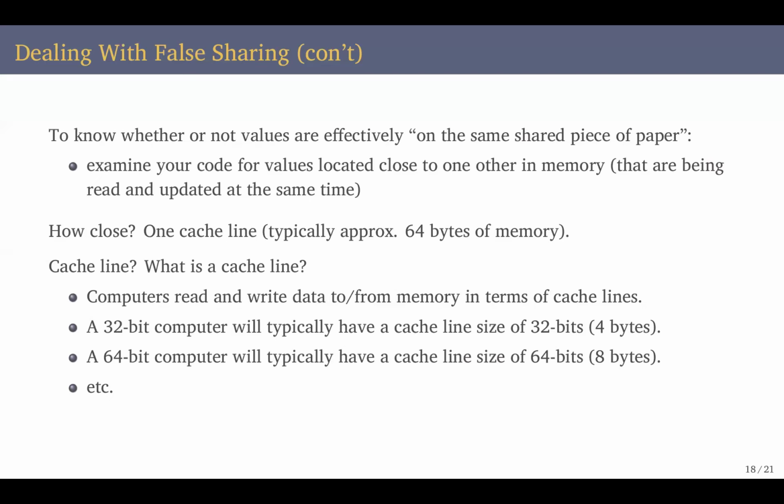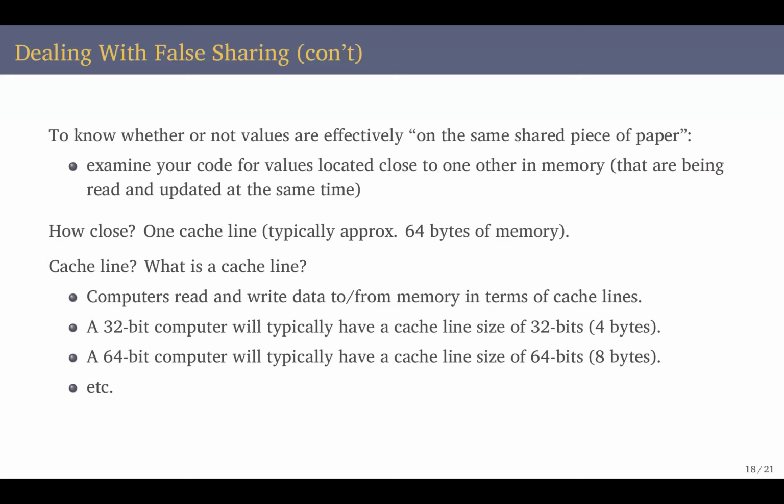Okay? So when I say read or write data, it's really reading and writing to and from memory. So a 64-bit computer will typically read and write data in 64-bit chunks. That's 8 bytes. Okay? A 32-bit computer will do 32 bits or 4 bytes at a time. So in other words, you'll say, wait a minute. If I have a 64-bit computer, that's 8 bytes, and I want to update 1 byte of memory, okay, fine.